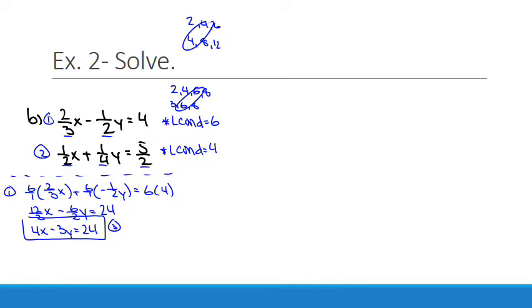I don't quite have enough room, I don't think, to write the next one down there. So I'll take my equation 2 now, and I'm going to multiply it by 4. So I go 4 over 1 times 1/2 x plus 4 over 1 times 1/4 y equaling 4 over 1 times 5 over 2.